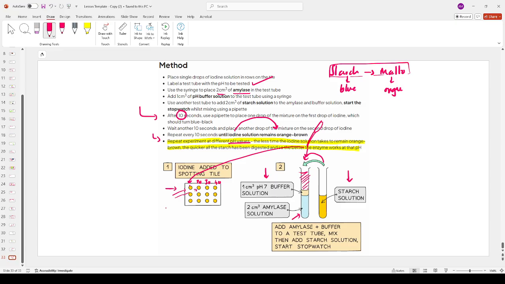So how many of these tiles are you going to be left with by the end of the experiment? If you answer this question correctly, it means you understood the experiment.